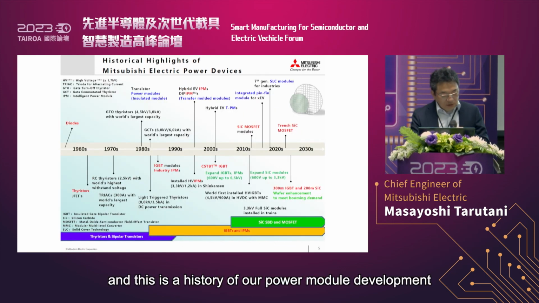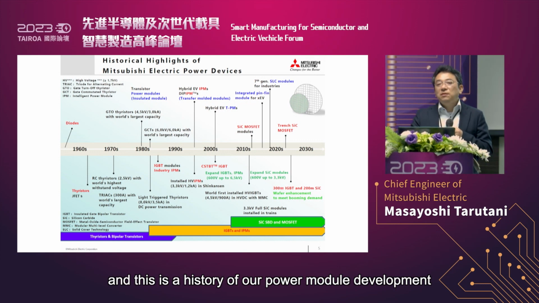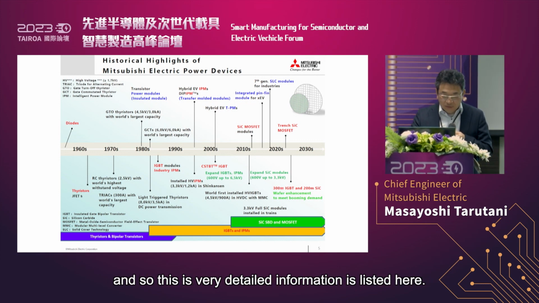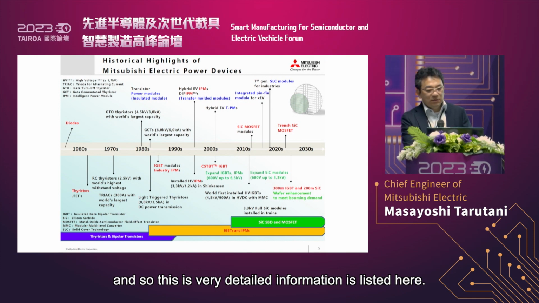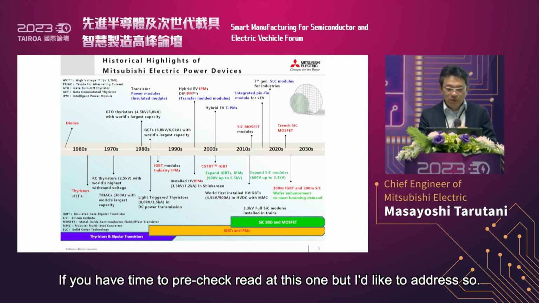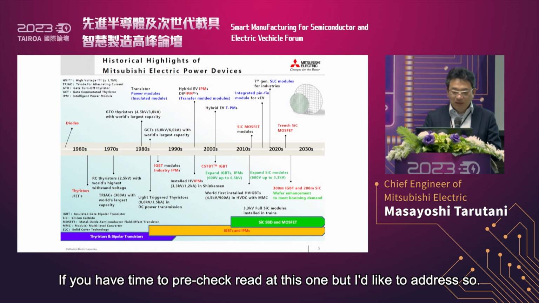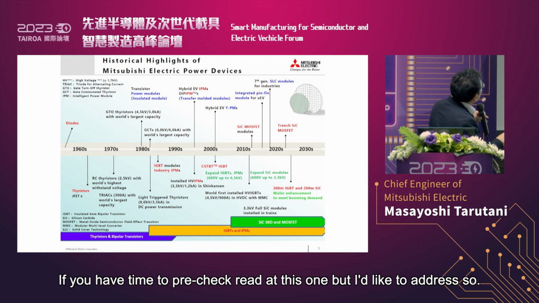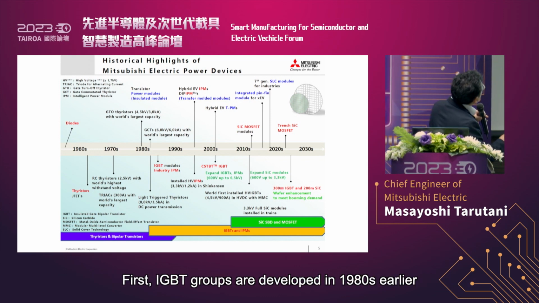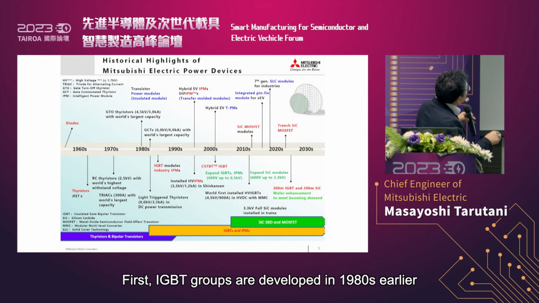And this is a history of our power module development. Very detailed information is listed here, so if you have time to pre-check, read this one. But I'd like to address, first, IGBT groups were developed in the early 1980s.